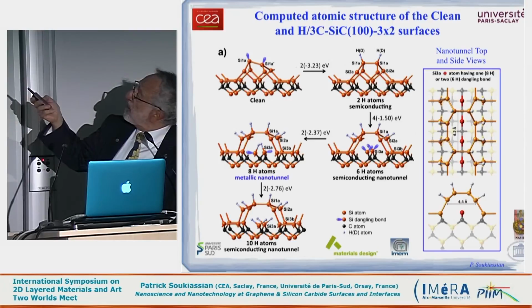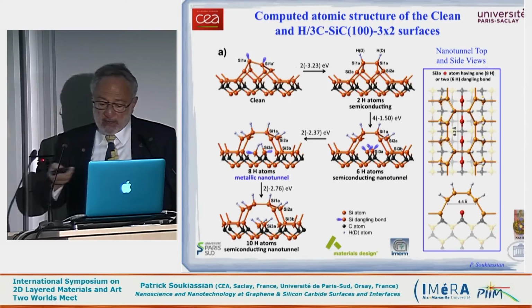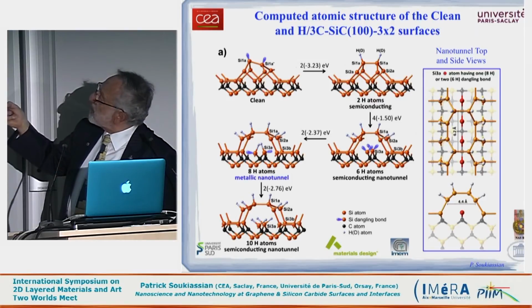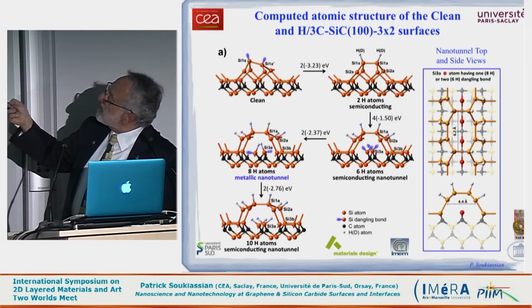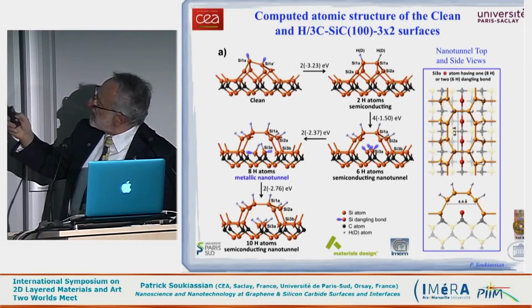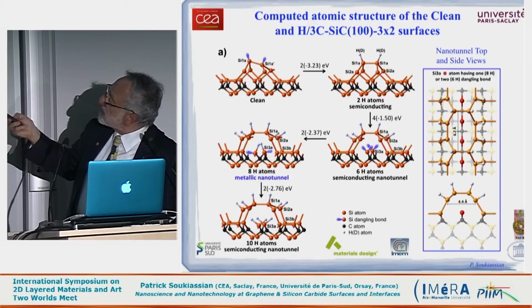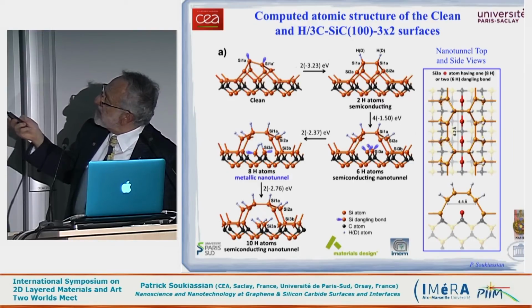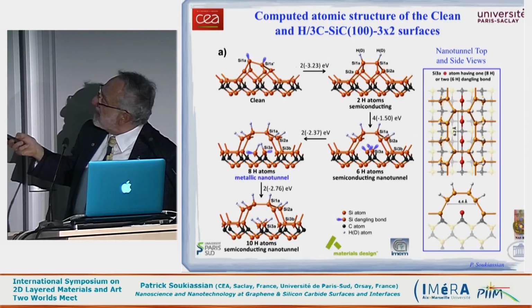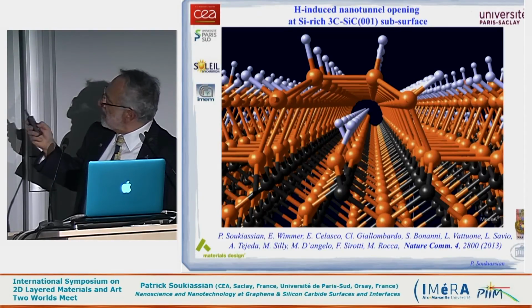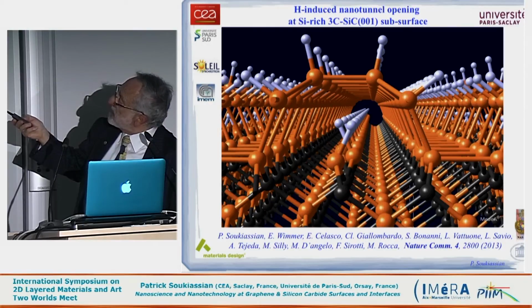Now, we also studied that by vibrational spectroscopy and by photoemission spectroscopy, but also by calculations made by Eric Wimmer, whom I mentioned at the beginning, where we saw by this simulation, in excellent agreement, that hydrogen opens nanotunnels below the surface of silicon carbide, in which, if you look in 3D, you have dangling bonds. So this is decorated with hydrogen.